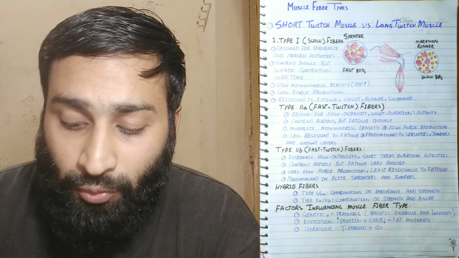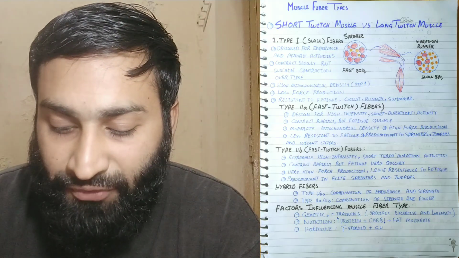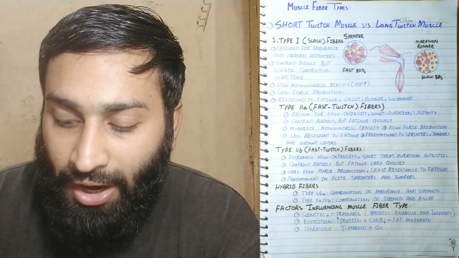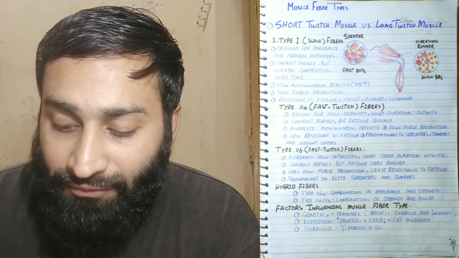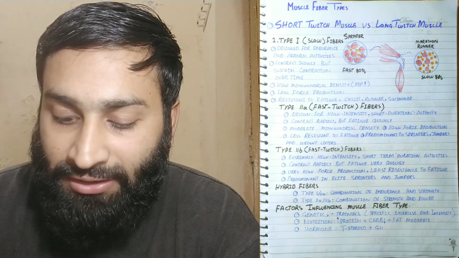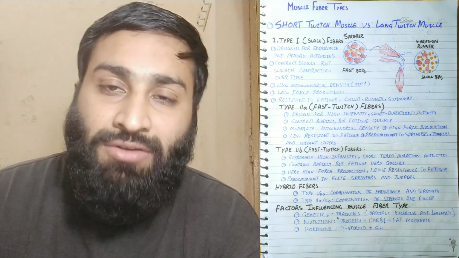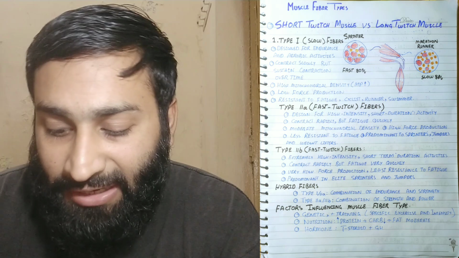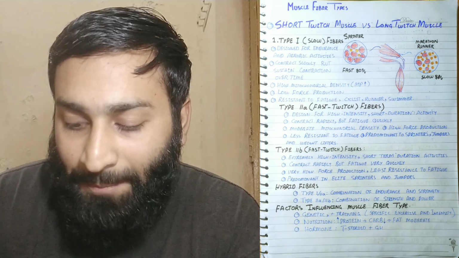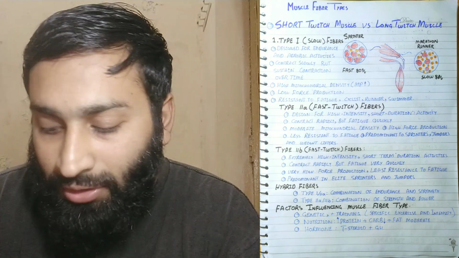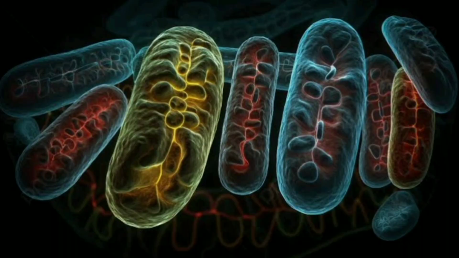Next is the type 2A fast twitch fiber. This is a fast twitch fiber designed for high intensity, short duration activity like sprinting. The sprinter basically contains fast twitch muscle, which contracts rapidly but fatigues quickly. Why? Because of moderate mitochondrial density, it will not rely on aerobic respiration to produce ATP.